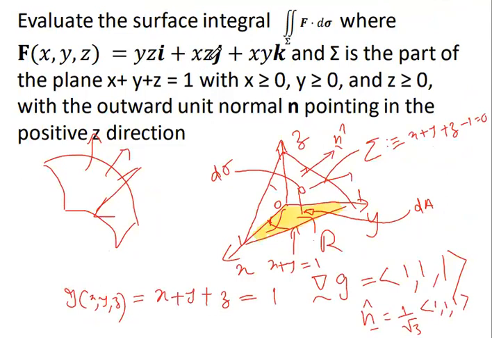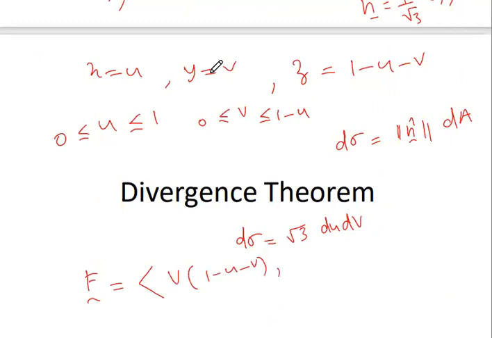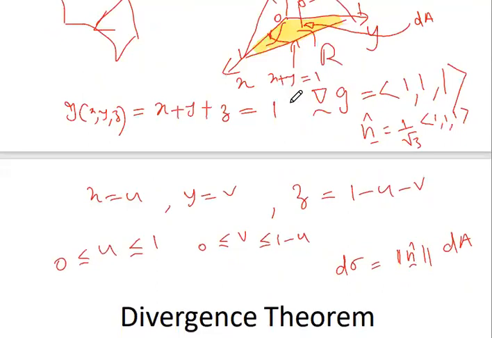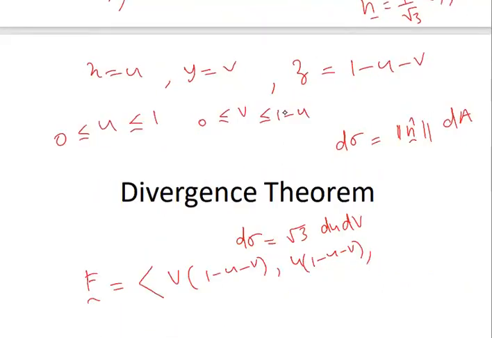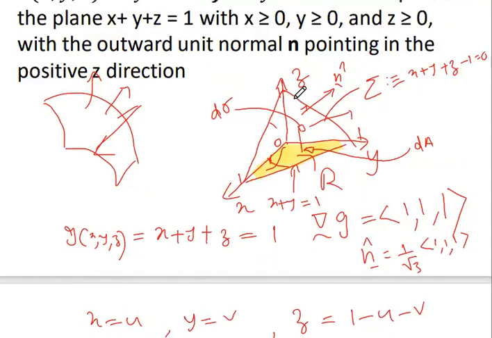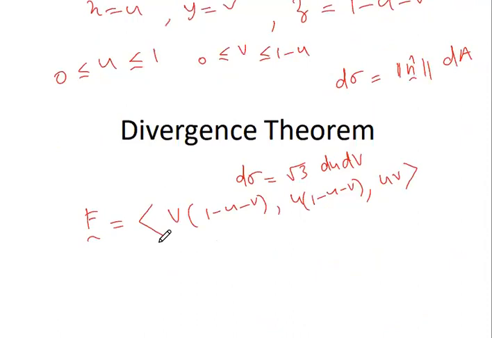I will write this in terms of u and v. x is u, the other one z is 1 minus u minus v, and the third component xy is uv. So we have to find the normal component of this velocity vector.